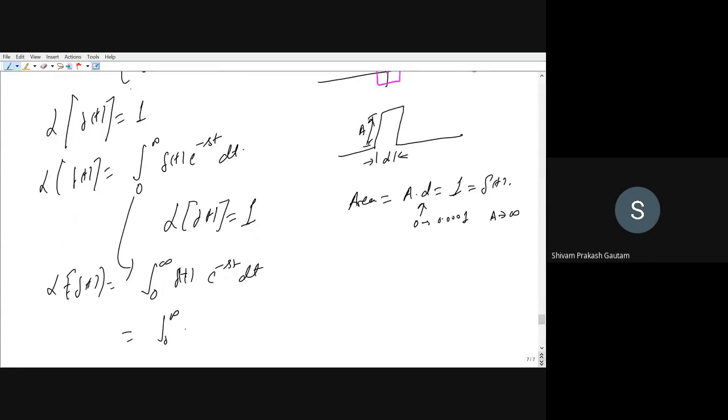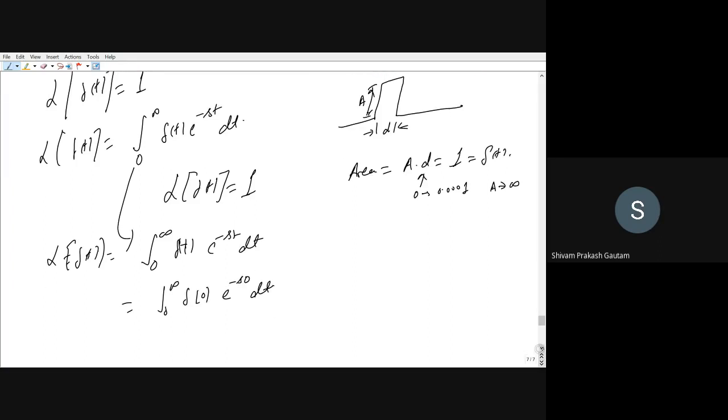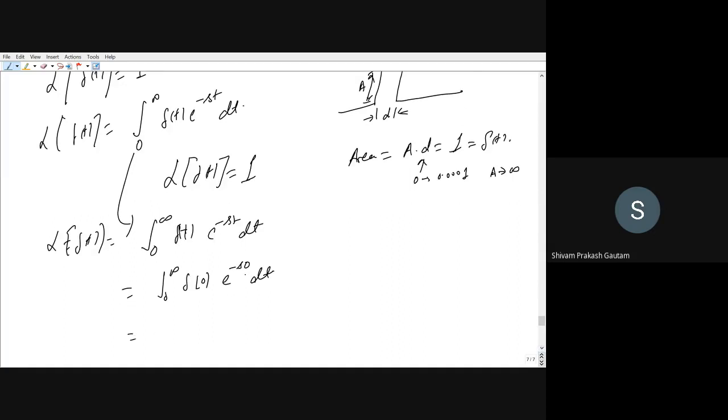So from 0 to infinity, del 0, you can write e to the power minus s times 0 dt. You can see e to the power minus 0 is again 1, so you will get this as 1. And because the limit is tending from 0 to 0, you can keep it like this. So the Laplace transform of del t will be equal to 1.